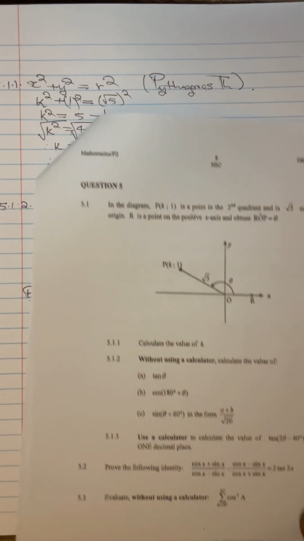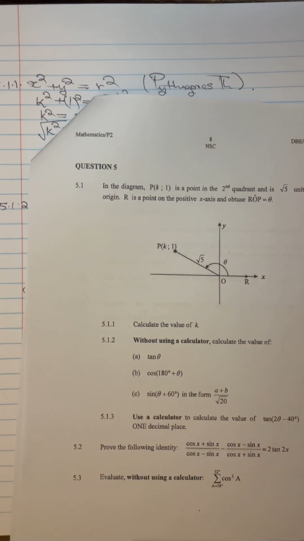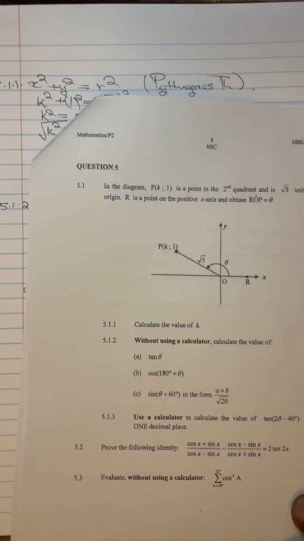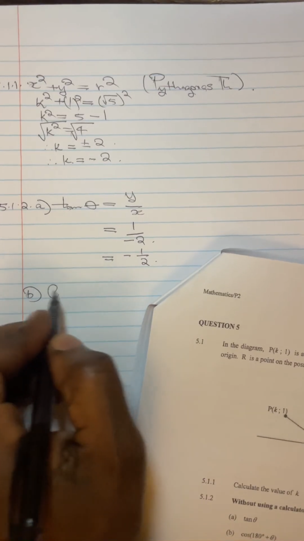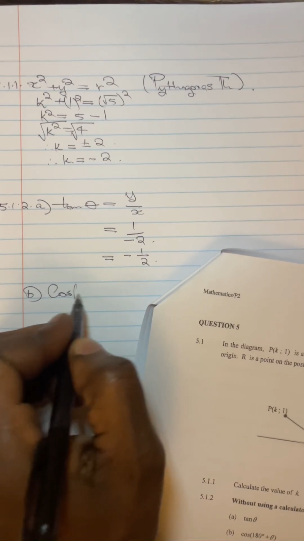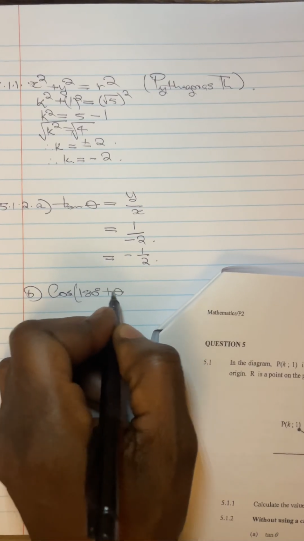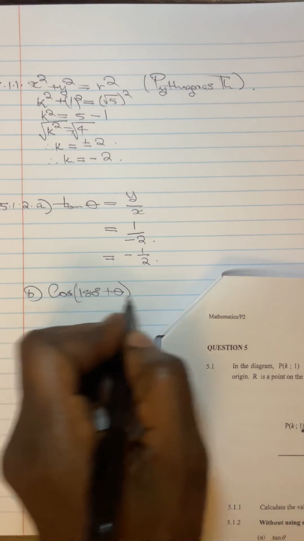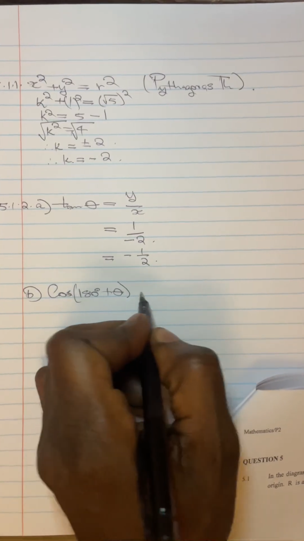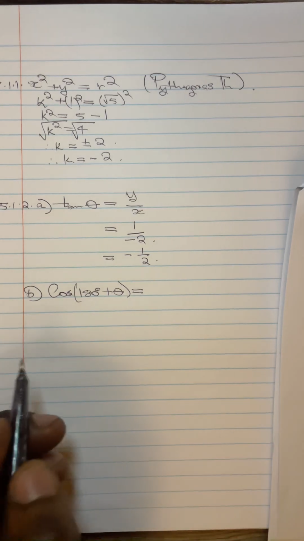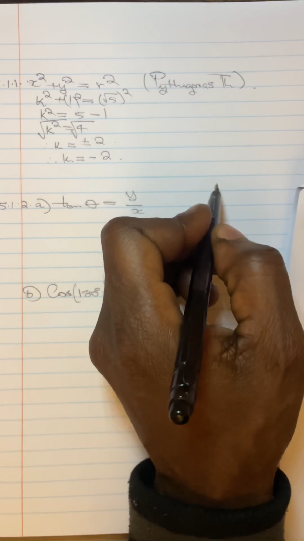When we work out number b, we are required to work out the cos of 180 plus theta, which is going to be equal to the cos of 180 degrees plus theta. Let me just do this. We reduce cos of 180 plus theta.